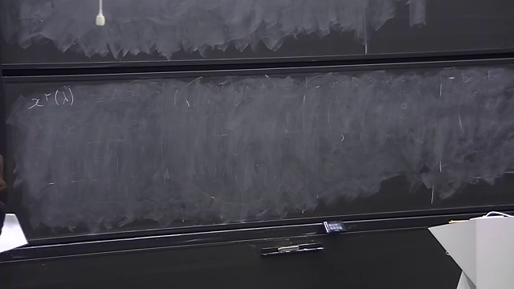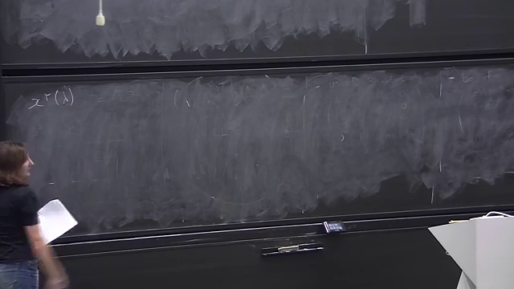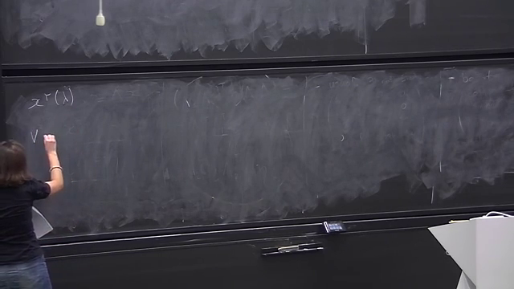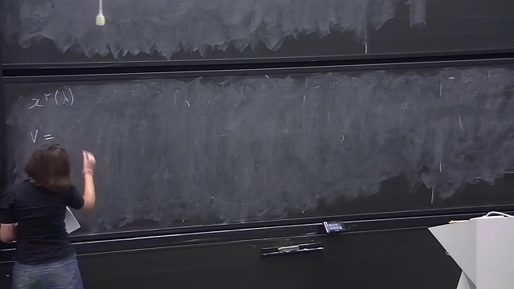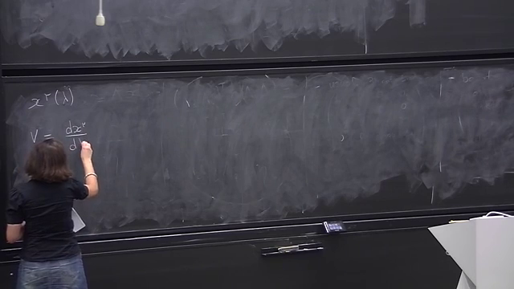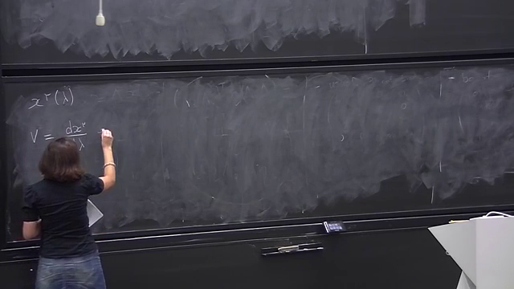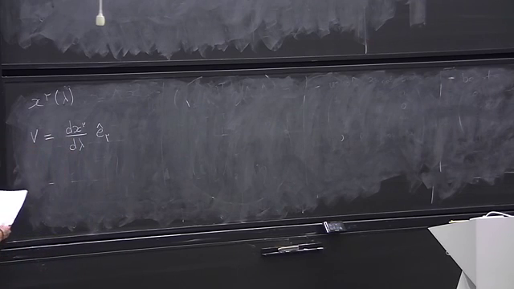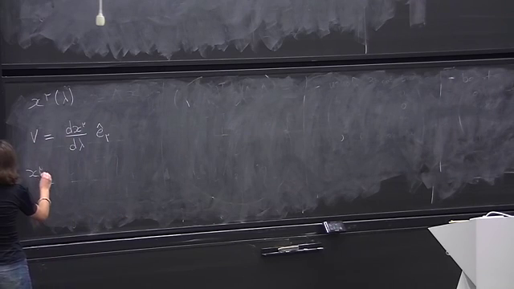So I take a curve and I parameterize it by 1 parameter lambda. I can define the tangent vector to be dx^mu/d lambda times e_mu.